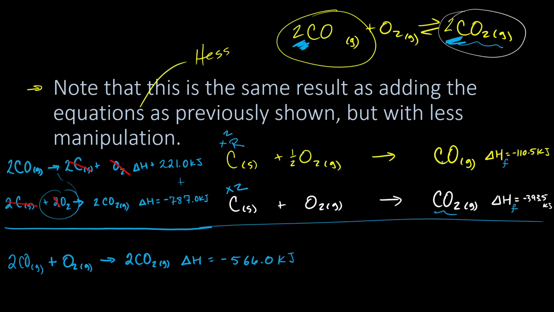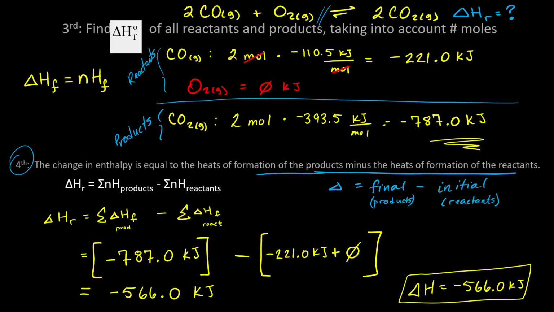So we wrote the formation reaction, looked up the value, wrote the formation reaction, looked up the value, then we manipulated a la Hess, and then did our canceling, adding up, and we ended up with this net equation. Now that net equation is exactly the same as this net equation, and we found the delta H for this reaction using the standard molar enthalpy of formation method and got the same darn value.